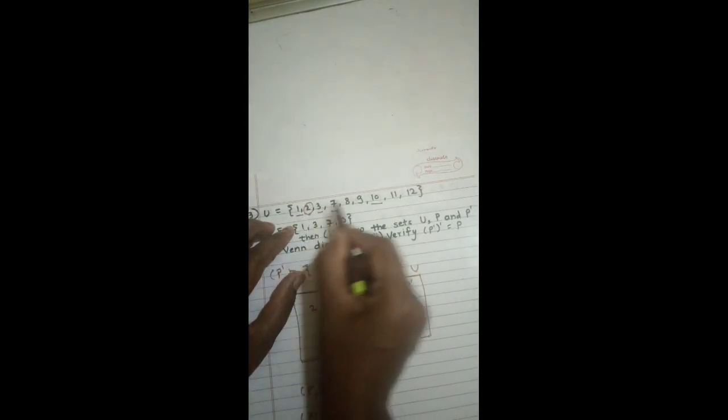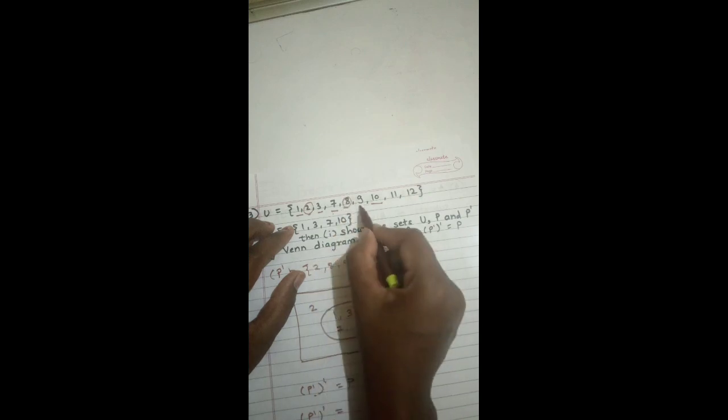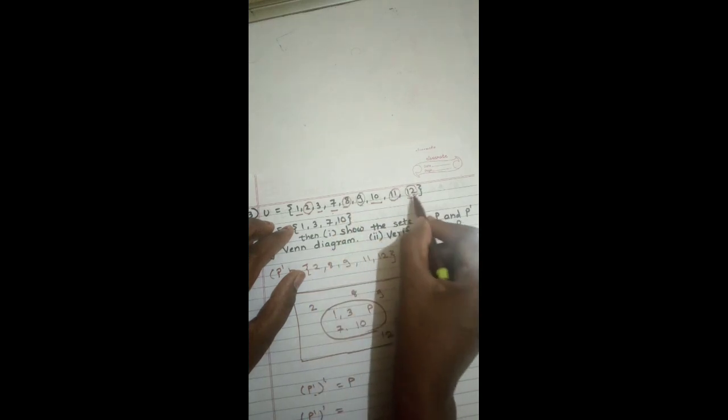We have to write the complement of P complement: the elements 2 8 9 11 and 12 we don't write, and we write 1 3 7 and 10. This is our complement of P complement. So this is same as P set. So P complement of P complement is equal to P set.